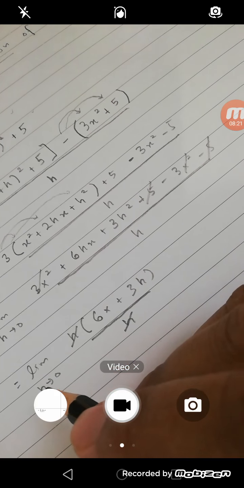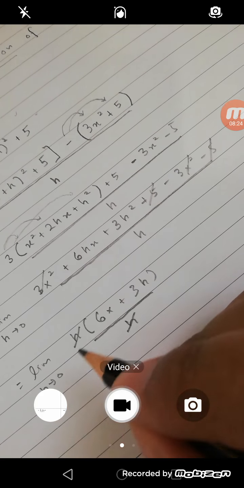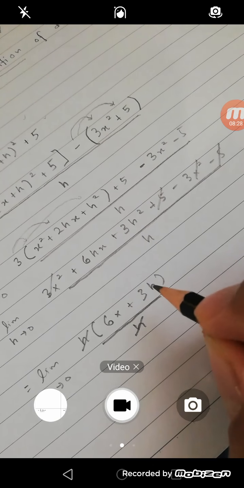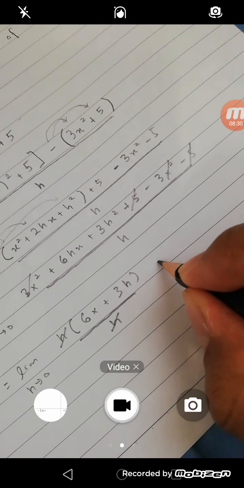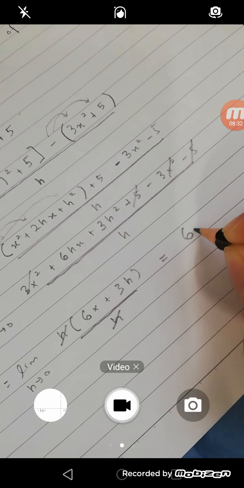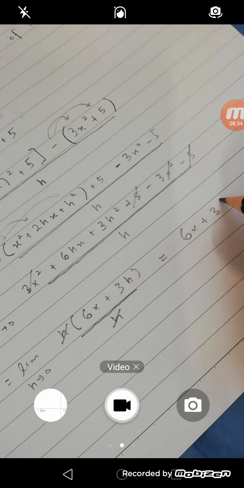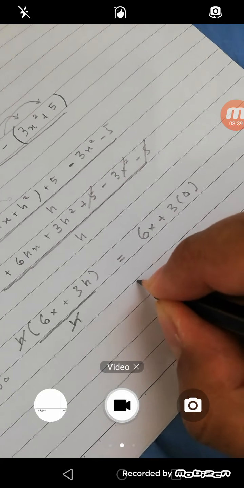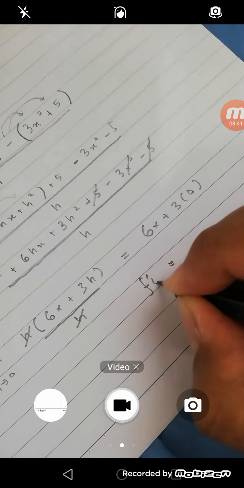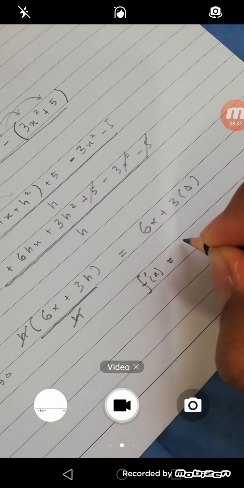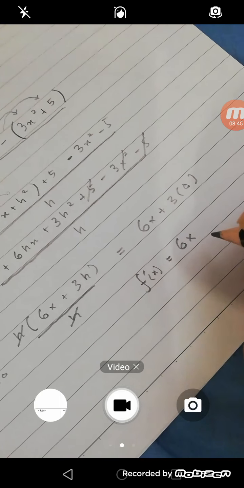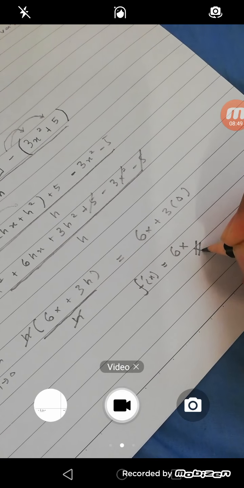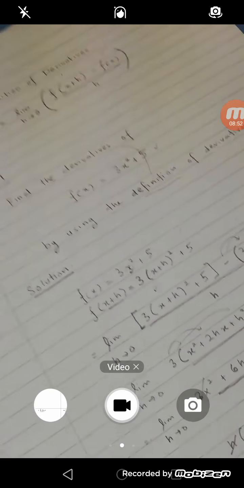Since h approaches 0, you can replace h with 0, and you get 6x plus 3 times 0. So the final answer is that f prime x equals 6x. This is the answer for example number 1.